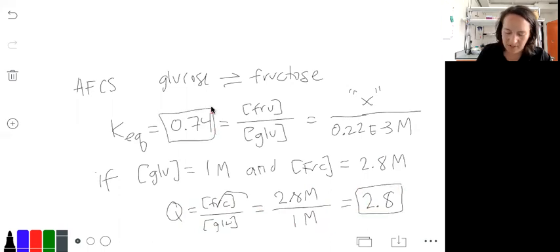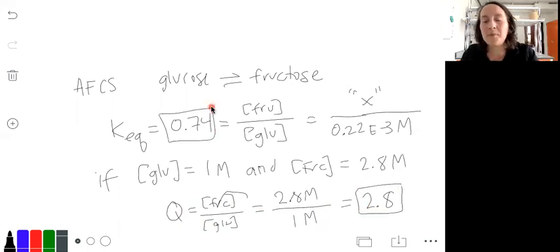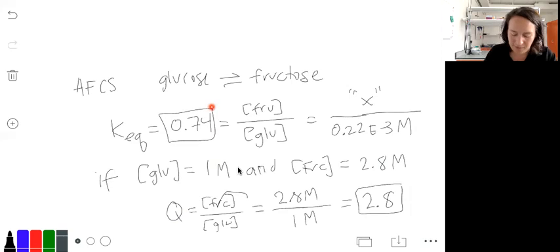So now we have to compare our Q value of 2.8 to 0.74. 2.8 is larger than 0.74. So if Q is larger than the KEQ, that means I have too much product, so the reverse reaction is actually going to be favored. So fructose is going to convert back into glucose until it reaches a ratio of fructose over glucose of 0.74.